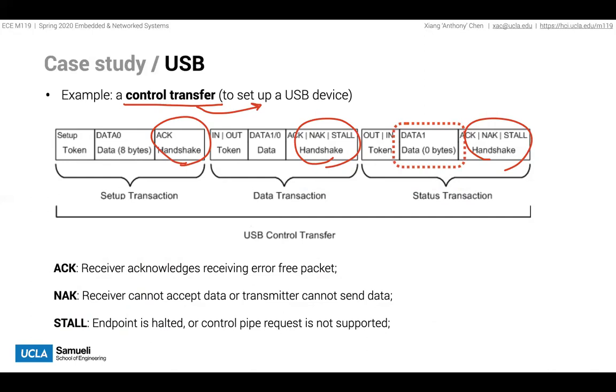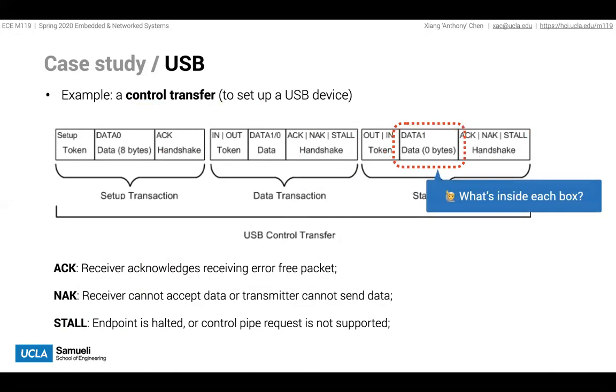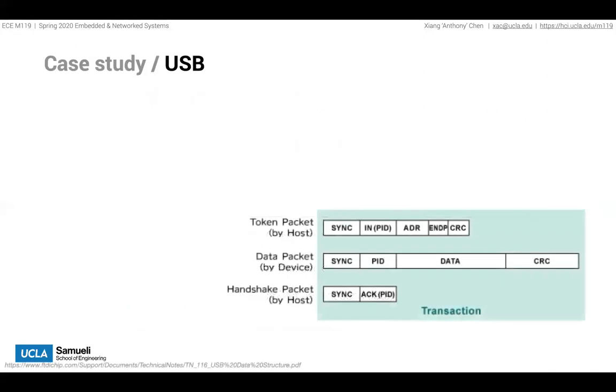So the last layer we're going to go into is what's in a data packet. Inside each packet, token, data, or handshake, you can further divide the bits into a number of categories.